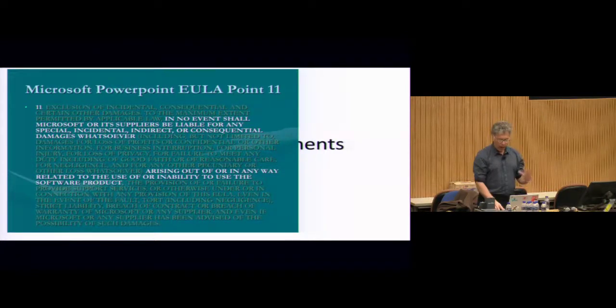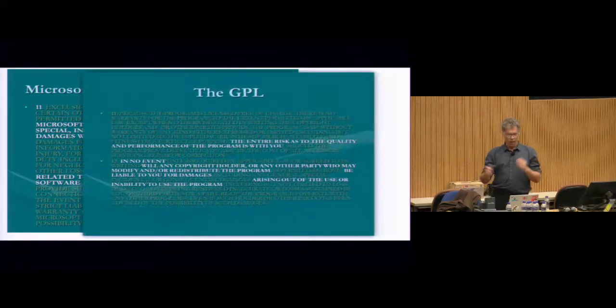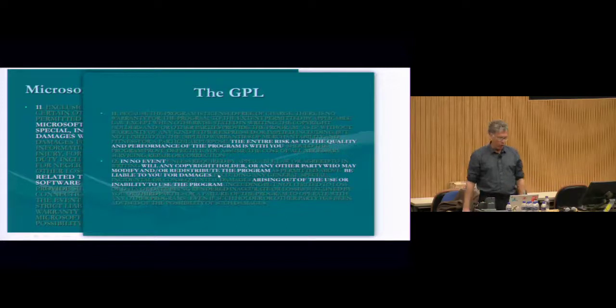it's up to you. And it wasn't just Microsoft and closed source, right? Look at the GPL. The entire risk as to the quality and performance of the program is with you. In no event will any copyright holder or any other party who may modify or redistribute, and so on, be liable to you for damages arising out of the use or inability to use the program. And from the viewpoint of somebody trying to get formal methods going at Microsoft, this is like, wow.